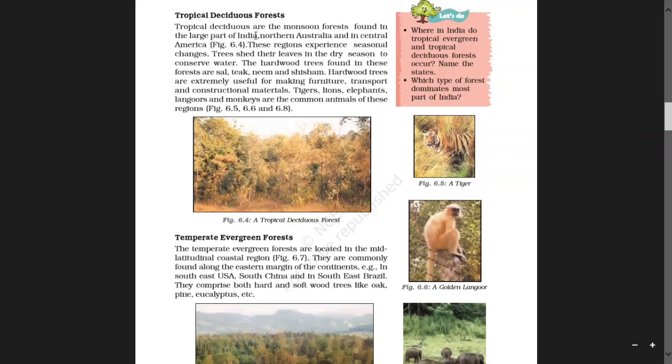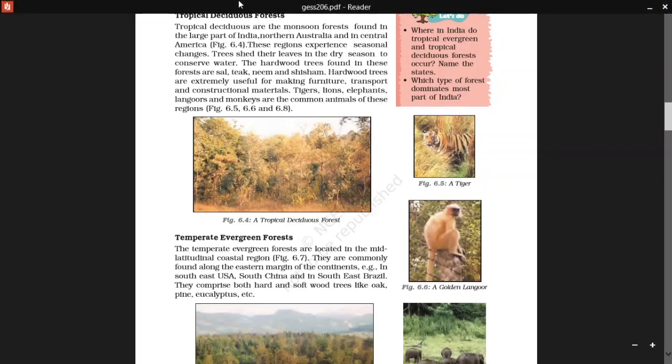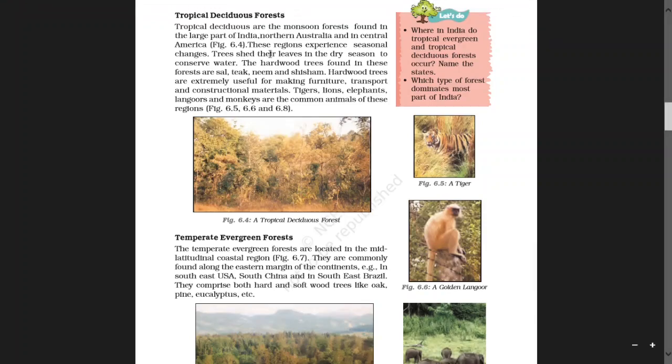How do they look? Okay, what is their difference? So these regions experience seasonal changes. Trees shed their leaves in the dry season to conserve water. Okay, first that means in tropical evergreen forest we find trees that do not shed their leaves in any part of the year.